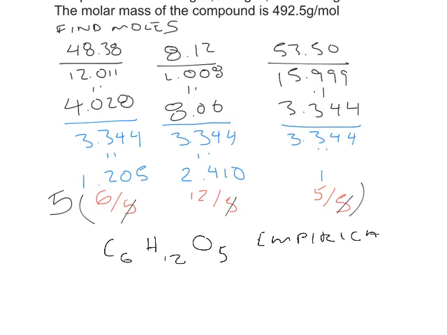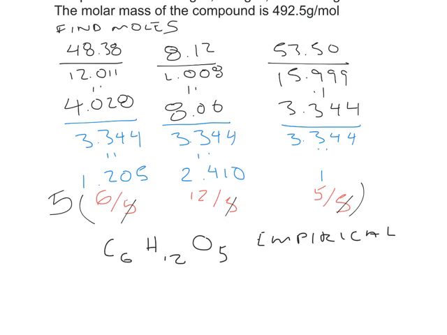Could be my molecular, don't know yet. What I do know is the molar mass of the entire compound. So I'm going to figure out the mass of my empirical and see, is it the same as this, or is it smaller than this? And if it's smaller, how many times smaller? I suspect that it's probably going to be smaller than that.